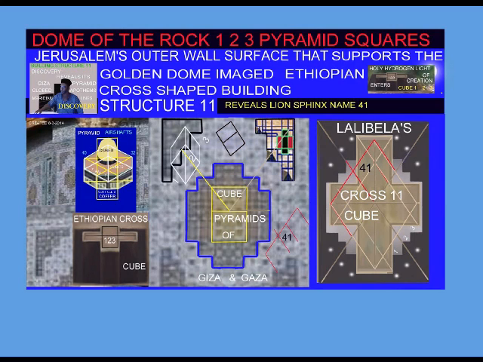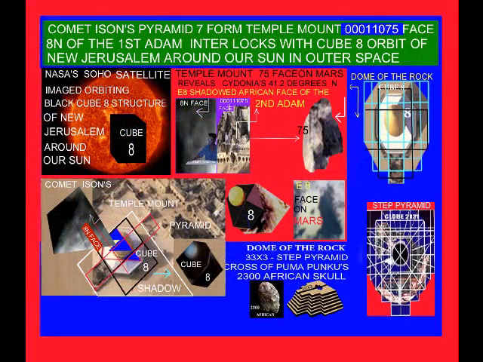Now, when we fly back to the Ethiopian cross-shaped building structure in LALIBELA and look straight down upon it in a north 12 to 6 o'clock position, we see the cross base rising up out of the cubic dimensions of New Jerusalem as a niche. The niche is N-I-C-A-G.